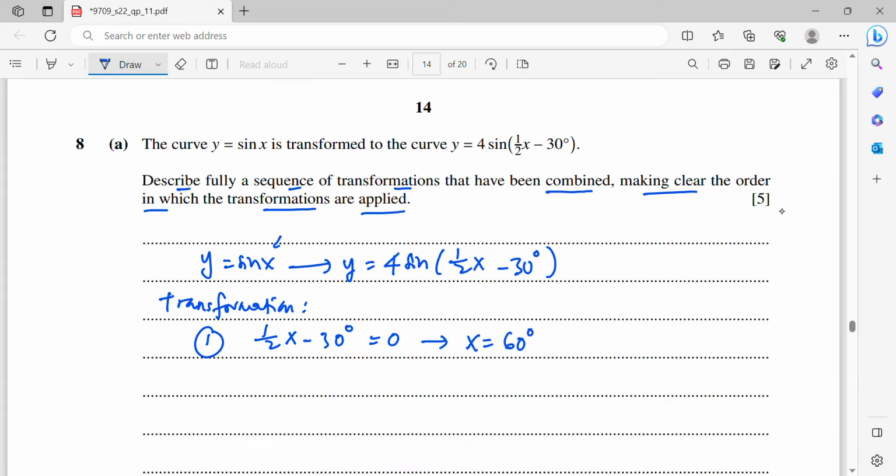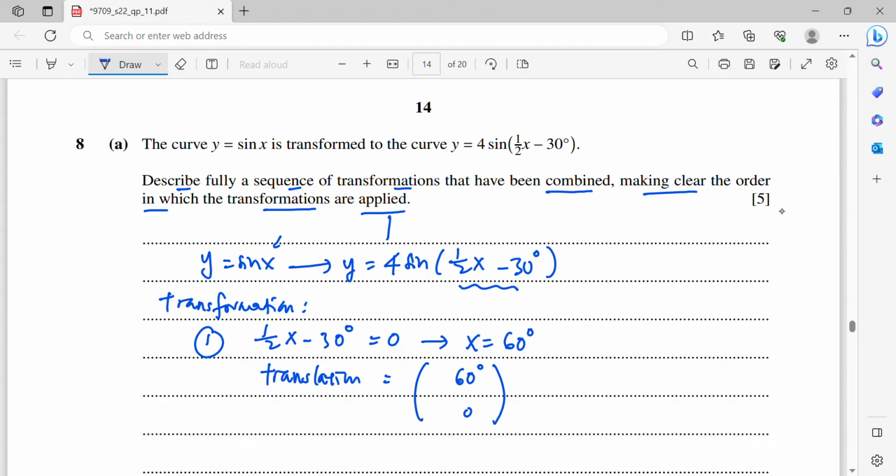Right? Means that I'm moving the original graph 60 degrees to the right hand side, and without changing the vertical axis. Right? Means that my translation equals to 60 degrees and then 0. That is my first transformation. So done for the x.